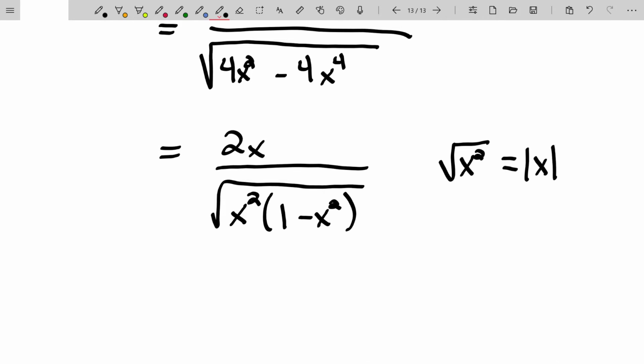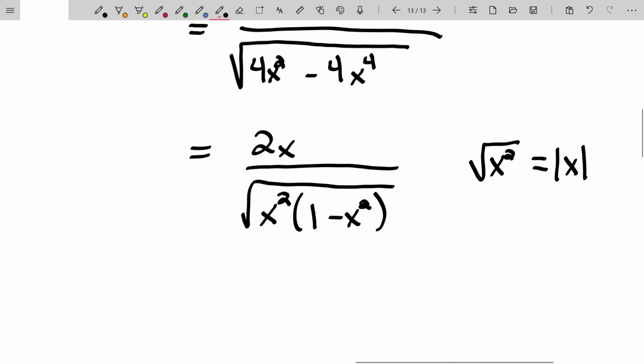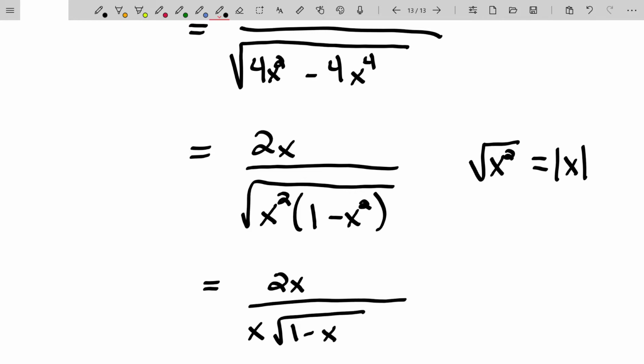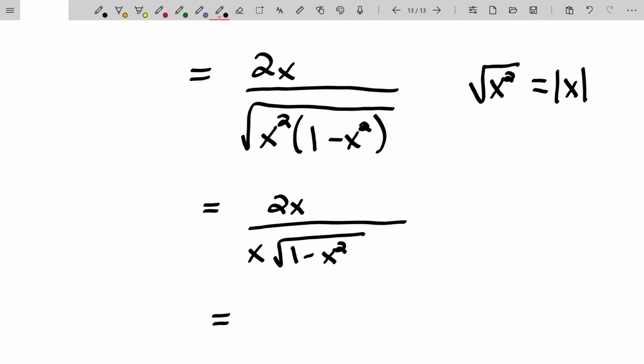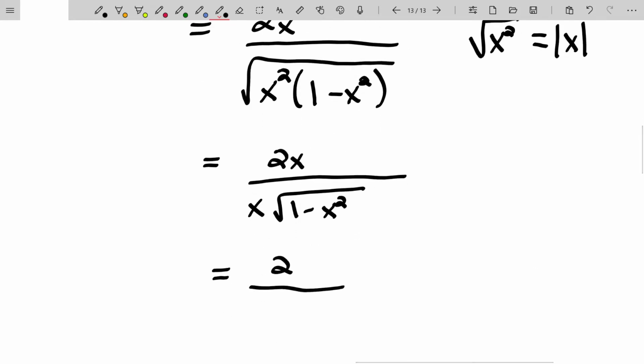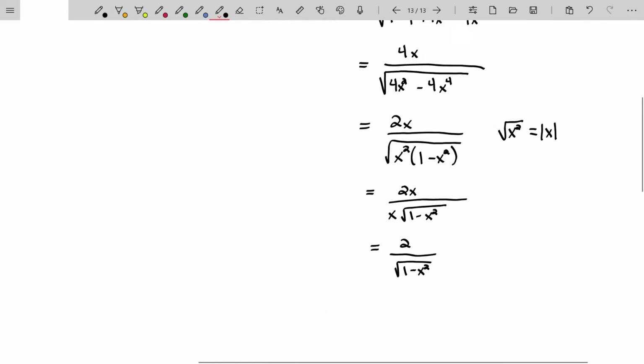That's going to become critical in Calc 2. But in this case, because we know that x is positive, we don't need the absolute value signs. So this is the same thing as 2x over x root 1 minus x squared. The x's cancel, and you get 2 over root 1 minus x squared.